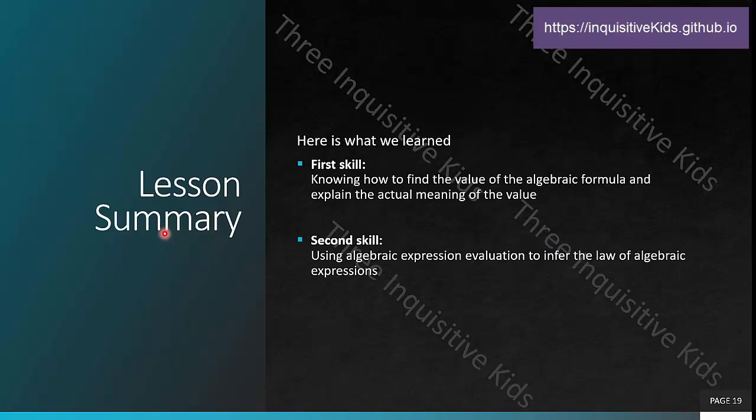So these are all the skills we've learned. First skill, knowing how to find the value of the algebraic formula, explain the actual meaning of the value. Second skill, using algebraic expressions to infer the law of algebraic expressions.